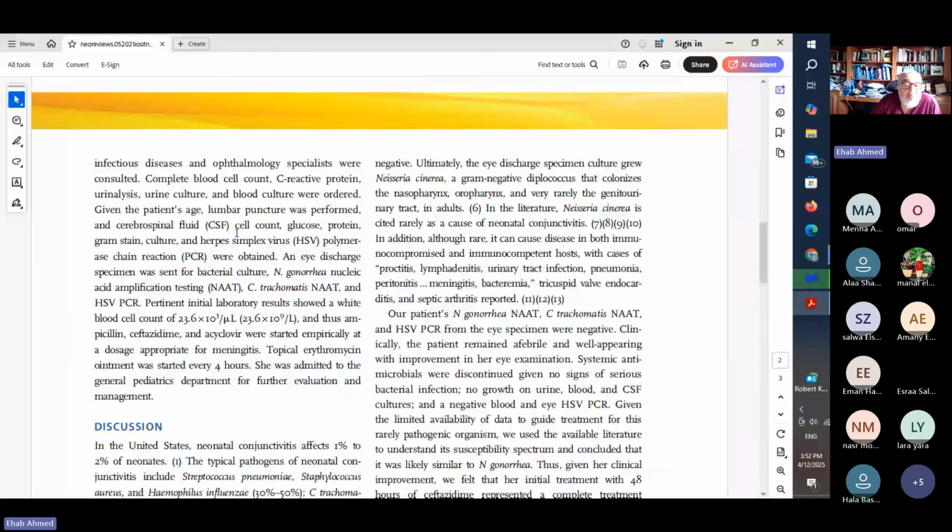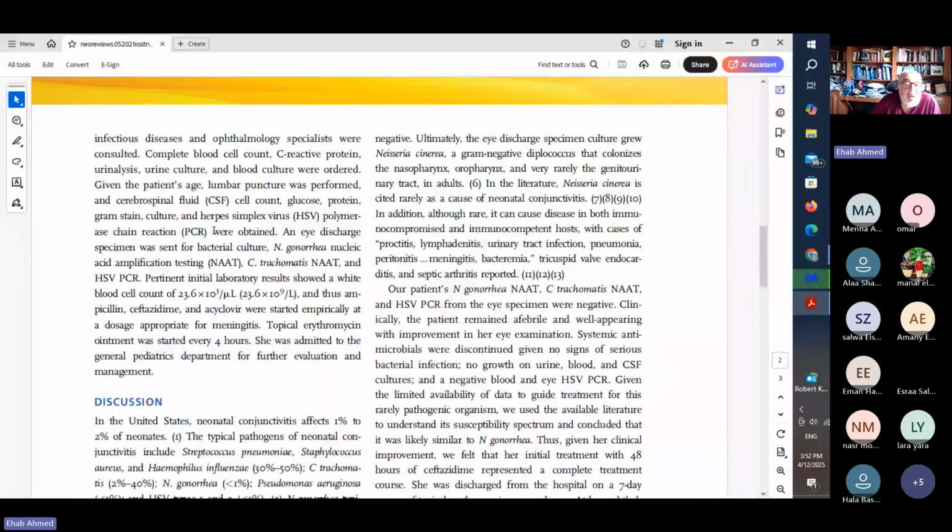And they did a test for gonorrhea, and examined the eye discharge by Gram stain and by all other labs to rule out gonorrhea, chlamydia, and HSV.